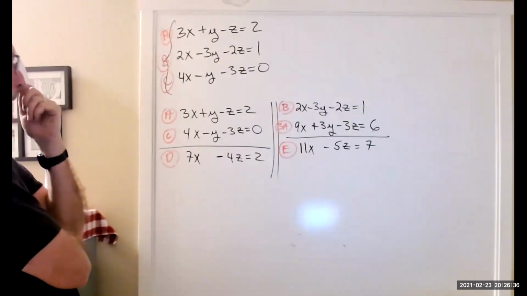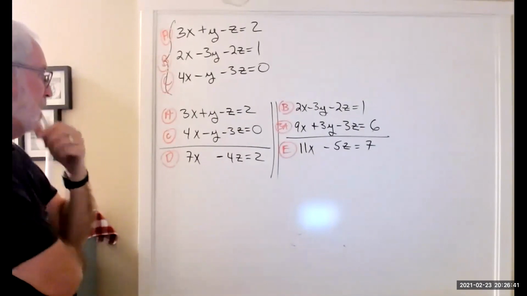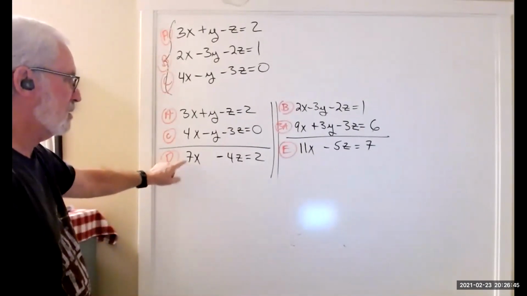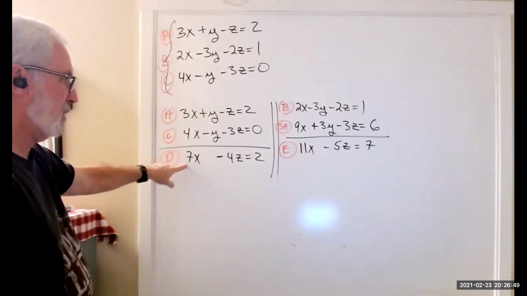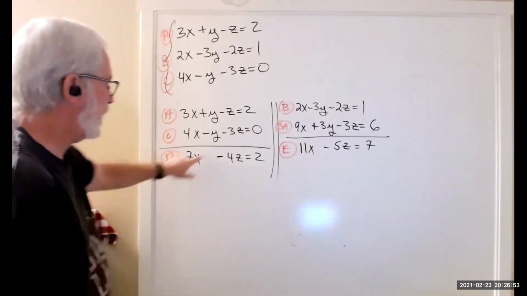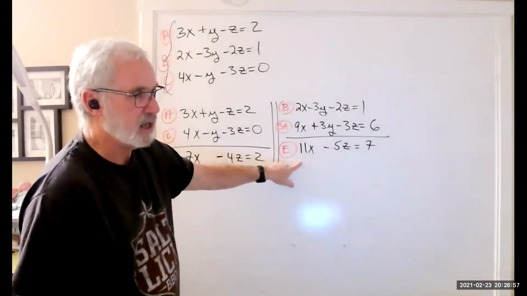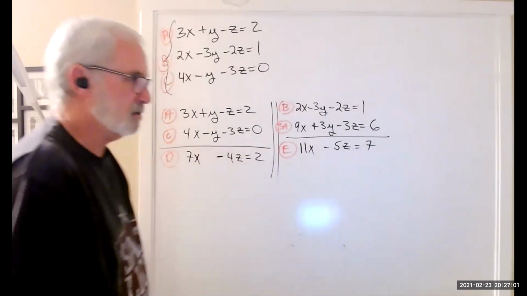I think instead of getting fancy at this point, I think I do 11 times D and get 77x, and negative 7 times E and get negative 77x.